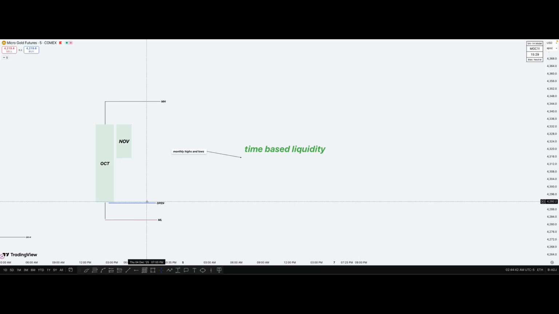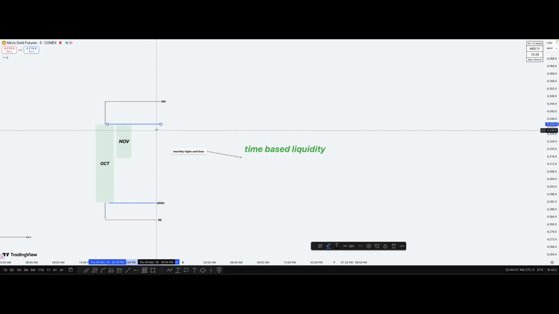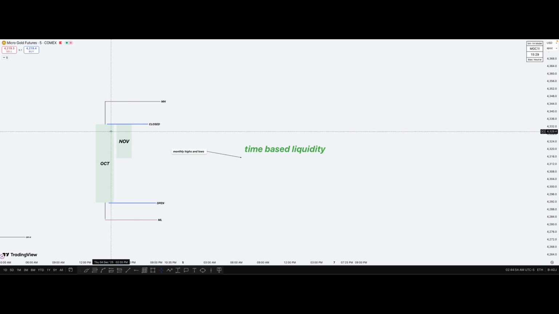This was the opening price of the bullish candle, and then the price closed here. When you look at the closing price, which one do you think is the closest draw on liquidity for you? This is the high, right? So the high is the closest draw on liquidity you can target.